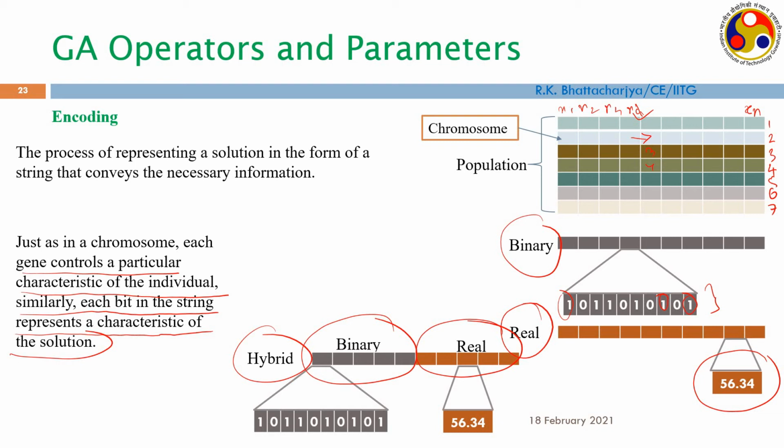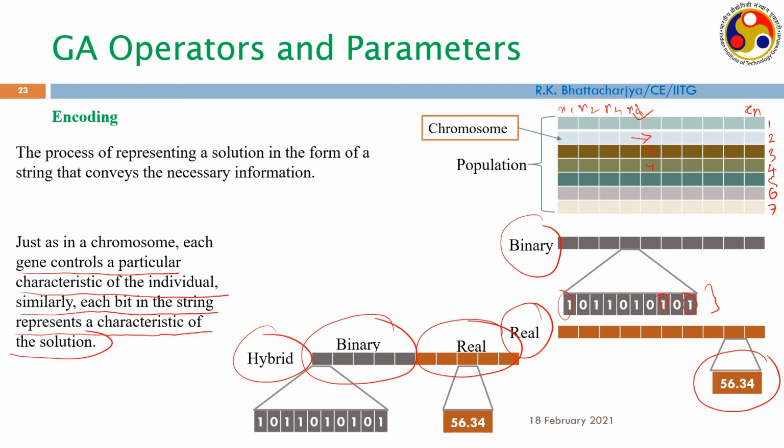When we do a hand calculation of a simple problem, I will explain things again. But the idea is that you convert the real value to a binary value so it looks like a chromosome, so that you can apply the concepts of crossover and mutation.